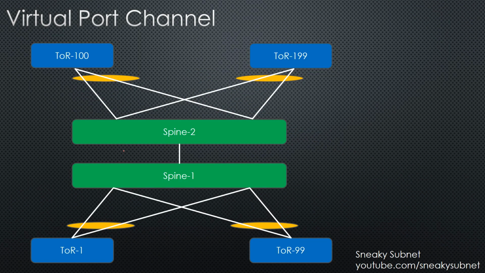In that case, we will place another spine pair. And basically we will use the same approach. So it is spine number 2, but it is a VPC pair, and it is really spine number 3 and spine number 4, if we're talking about physical appearance, how it looks in real life.